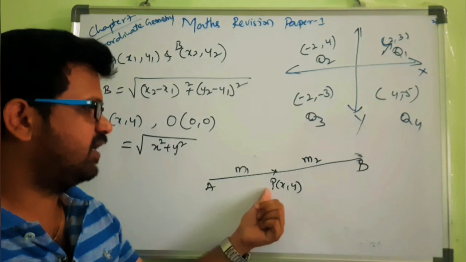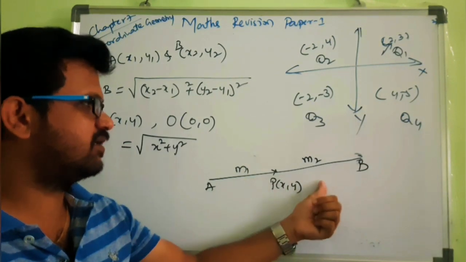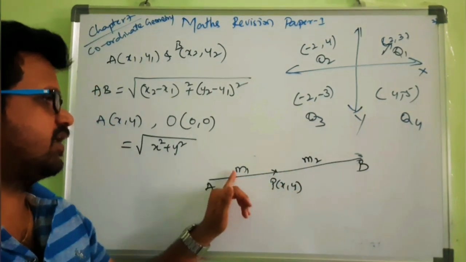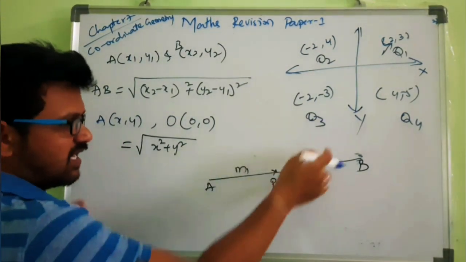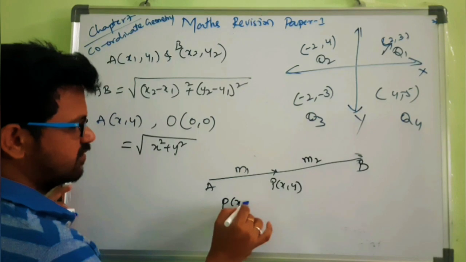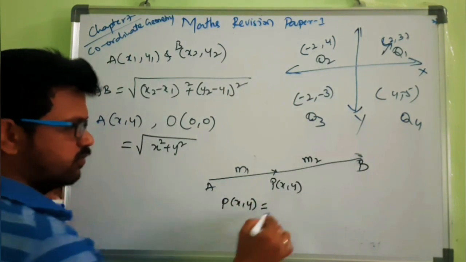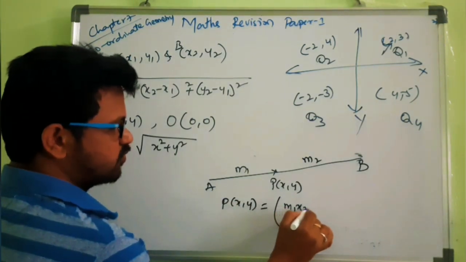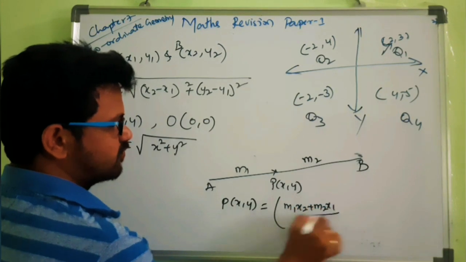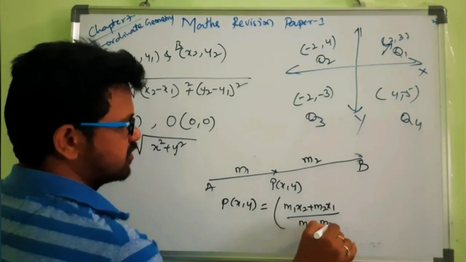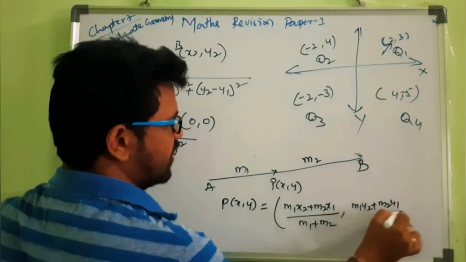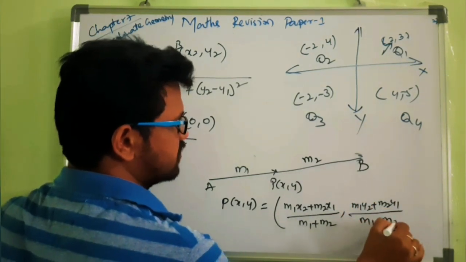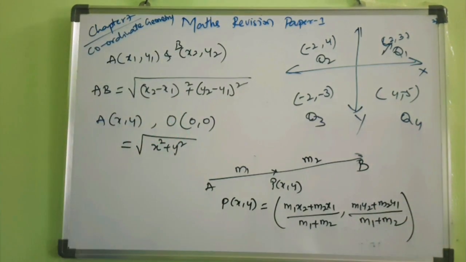The point P lies on this line segment and divides it in the ratio m1 is to m2. Then that point we can find using P(x, y) equal to (m1 x2 plus m2 x1) by (m1 plus m2), and (m1 y2 plus m2 y1) by (m1 plus m2). This is the section formula.